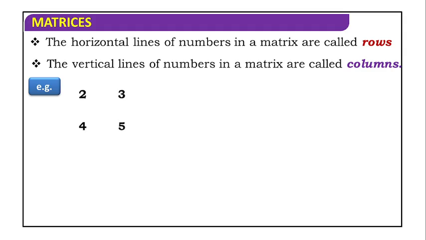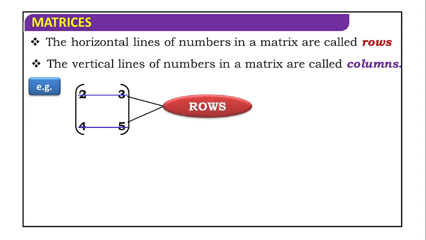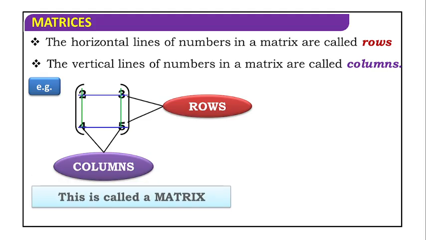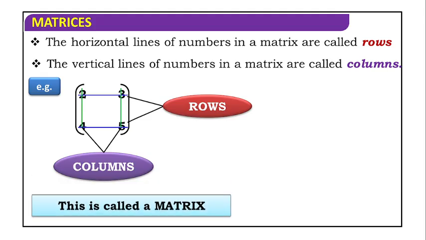For example, let us consider one matrix. Here 2, 3 is one row, 4, 5 is another row. They are called rows. 2, 4 is one column, 3, 5 is another column. They are called columns. This is called a matrix.